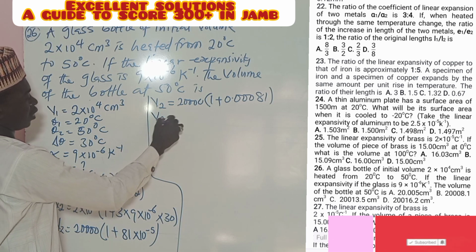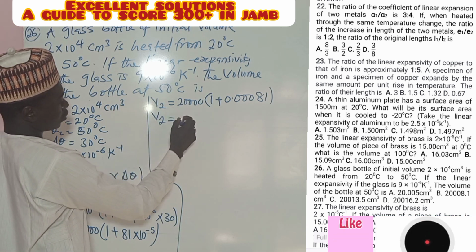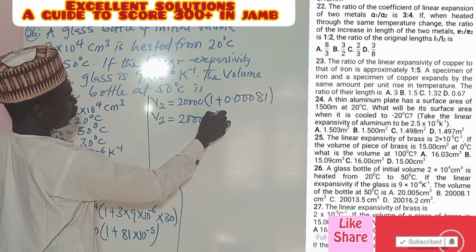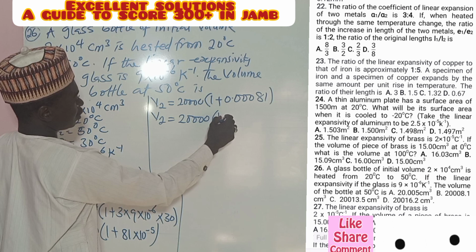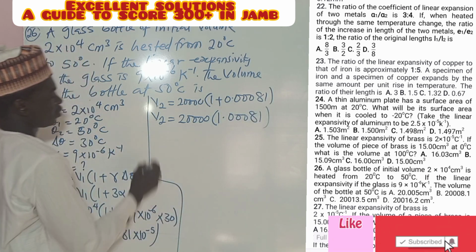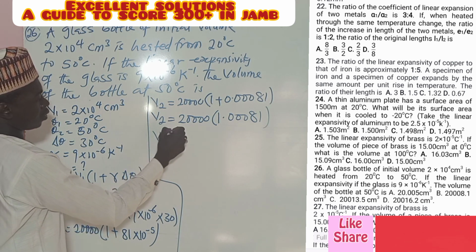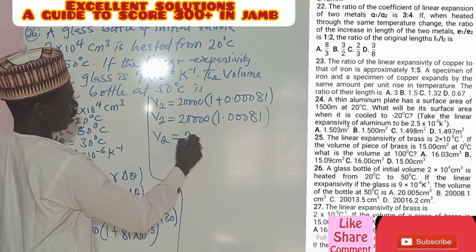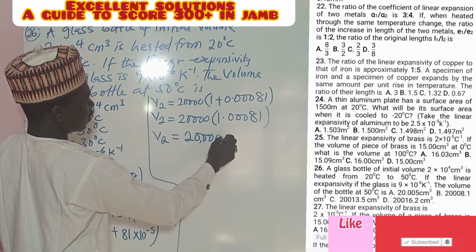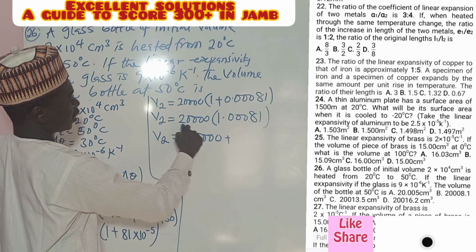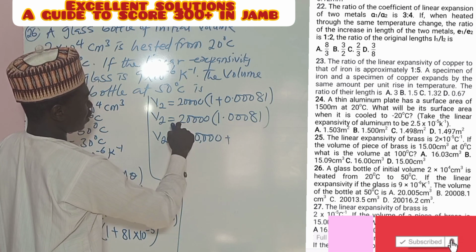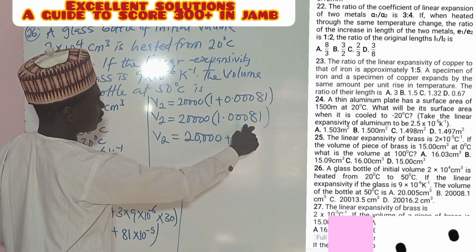So V2 is now the same as 20,000 bracket open 1 plus 0, we have 1.00081. So we now have V2 equals 20,000 times 1, we have 20,000. Then we can say plus 20,000 times 0.00081. This is taking this 2 times 81 is 162.